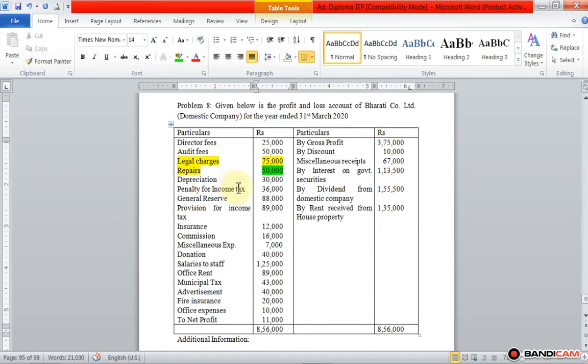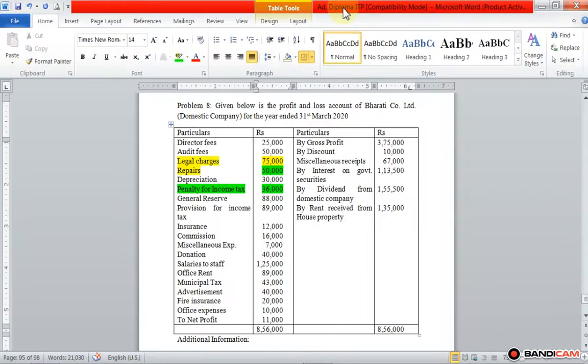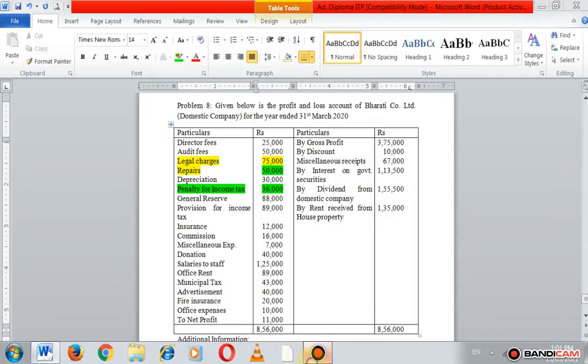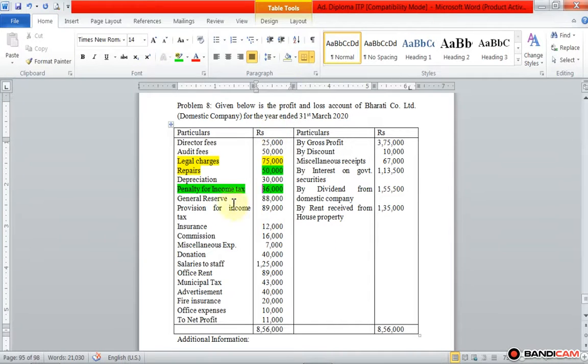Then penalty for income tax: any penalty is disallowed, 36,000 is disallowed. Then general reserve: all reserves are disallowed here, amounted to rupees 88,000. Provisions and reserves are disallowed.